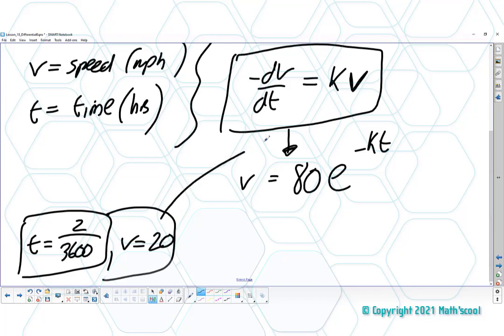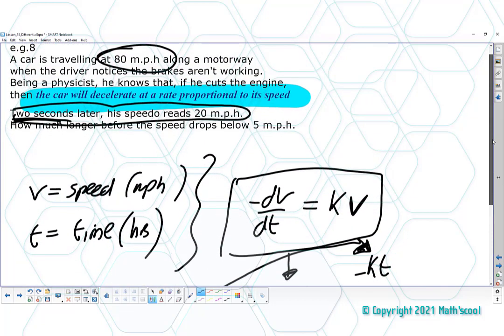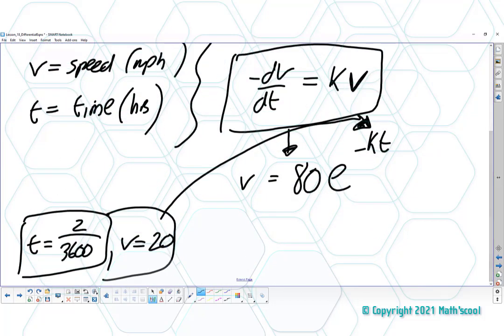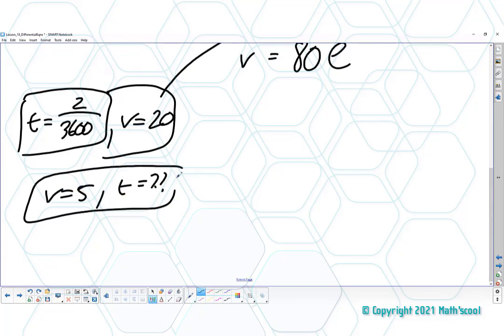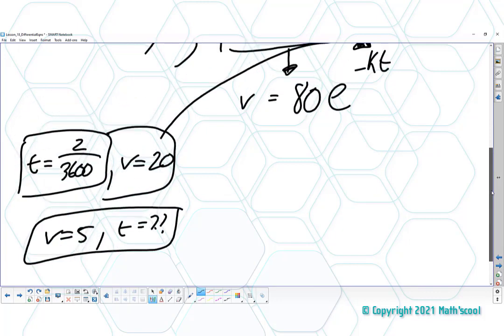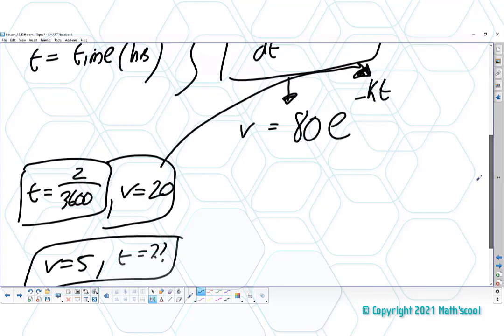If I put that information in, I can find out what K is. Once I've found K, I want to work out when his speed reaches 5 miles an hour. So V equals 5, and I find T. You're going to get your answer in hours, but you might as well change it into seconds because it's going to be tiny. Okay, you finish it off.